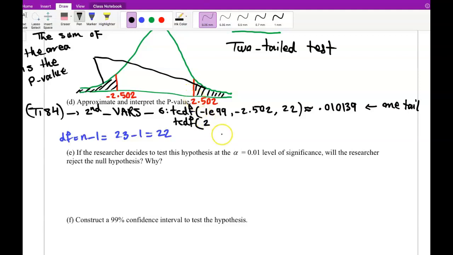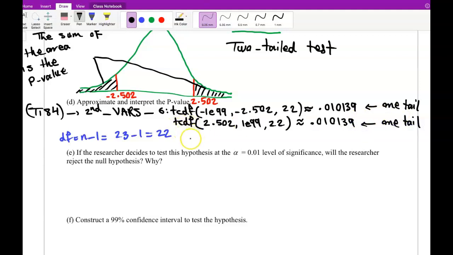Starting from this point, we have 2.502 comma, going to the right side, we have positive infinity, so it's 1E99, and the degree of freedom again is 22. So the answer again should be 0.01. It's the same thing. So this is also 1 tilde.